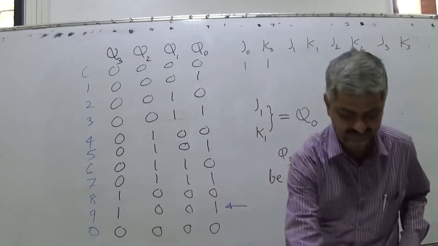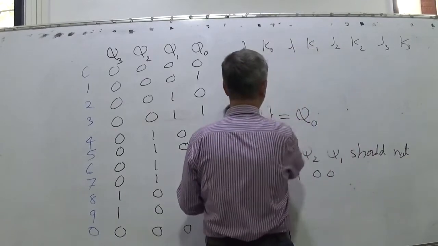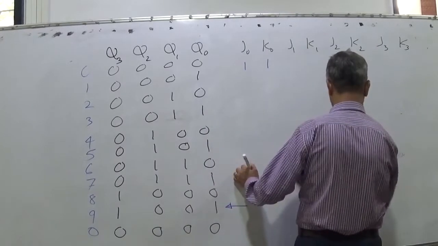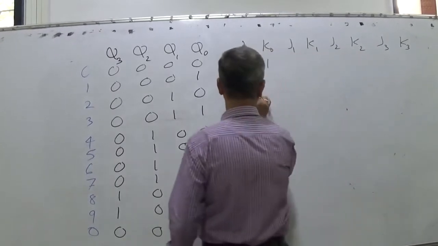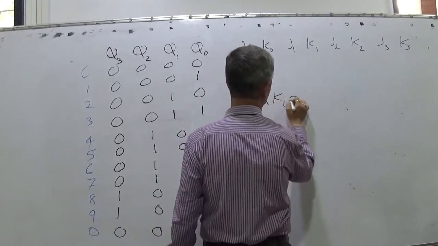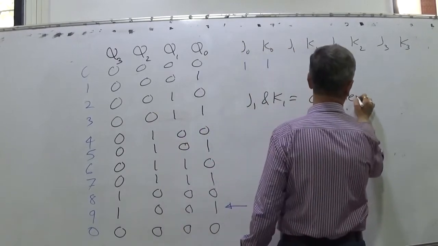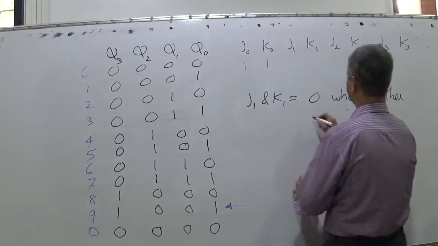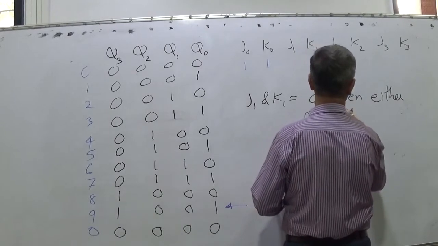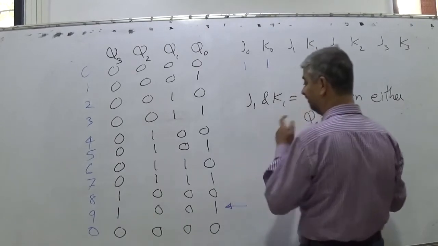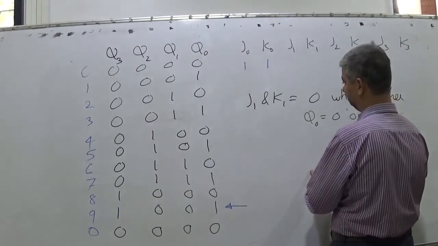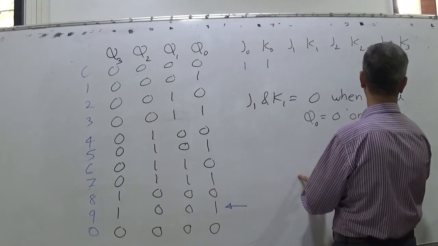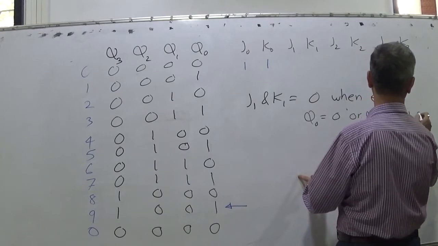Listen very carefully now. I can write that J1 and K1 should be 0 when either Q0 is 0 or Q3, Q2, Q1 are 1, 0, 0.